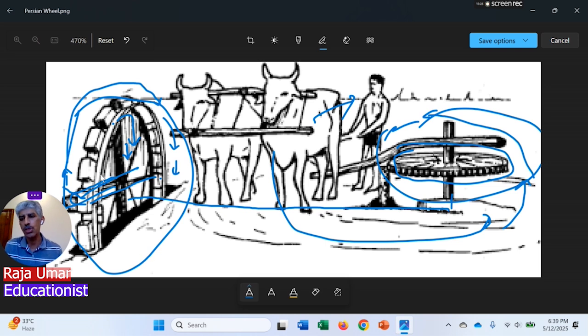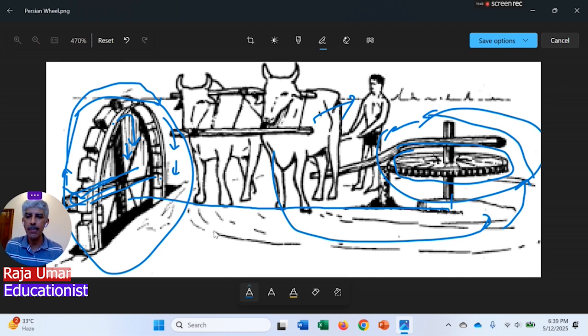More than Charsa and Shaduf, because of the rotation, the buckets keep on bringing water out, so sufficient water comes out, but still really very less in comparison with tube wells and the perennial canals or other modern irrigation methods. So this is all about the Persian wheel.